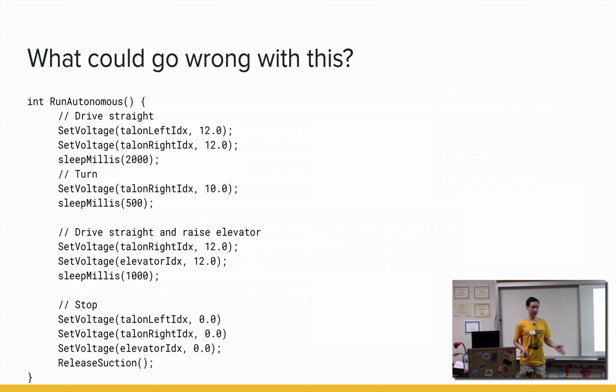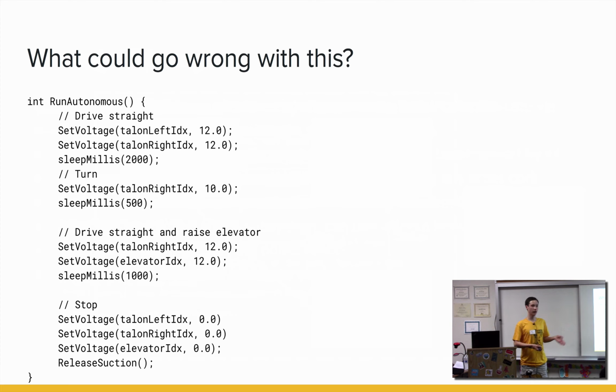Any other ideas along the same line? Yeah? Also, when you're trying to drive straight and raise the elevator, you're only driving the right motor, not the left. Well, we still have the left motor set to high here, okay. So I think that's maintained across the entire time. But yeah, there are lots of different variations that aren't accounted for.